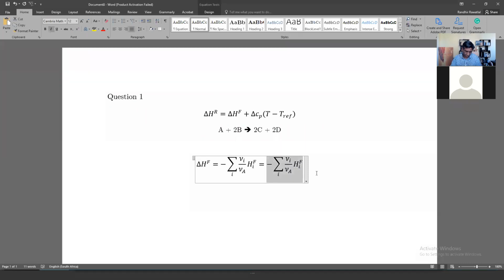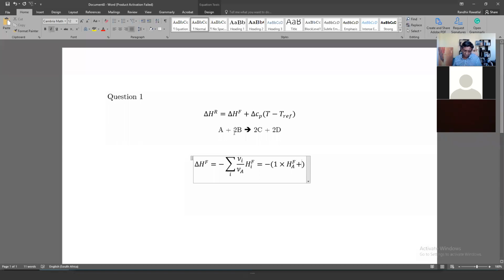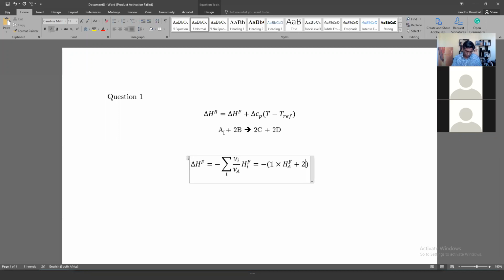So of course, mu A over mu A is simply going to be a 1. So let's check this out. So we can say this is minus 1 times the heat of formation of A, H super F sub A, and then plus mu B over mu A. So you can see mu B is minus 2, mu A is minus 1, so that's a plus 2 times the heat of formation of B, and then plus, mu C is plus 2 and mu A is minus 1.